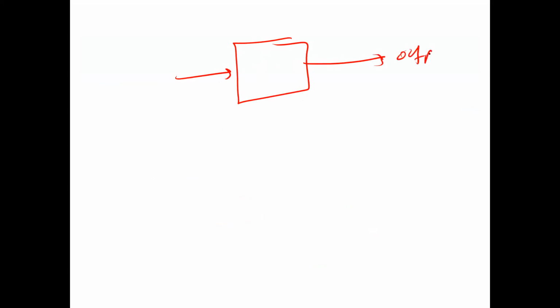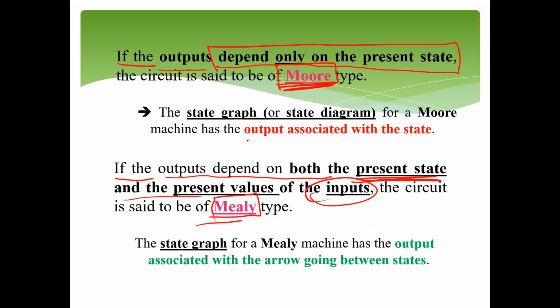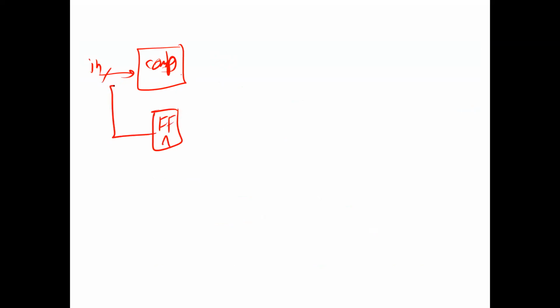So if this is the output, just let me write an example. Now, let's say you have this circuit, I have a number of inputs, I have flip-flops, this is the next state equation going as input for the flip-flops, and the present state here is also being fed to the same combinational circuit.